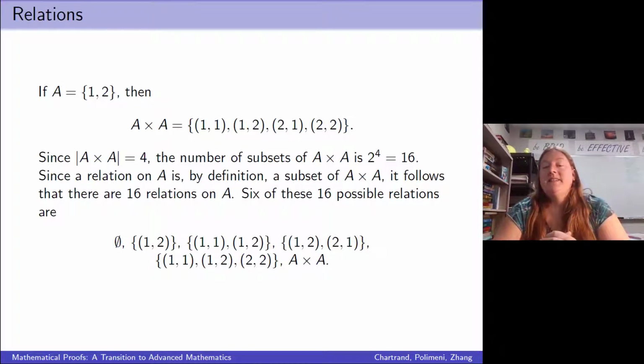So of those 16 possibilities, we've got some of them listed here. It's really any subset of those 4 elements, from none of them to up to all 4 of them. And all of those possibilities are all relations. So there are 16 possible relations on A.